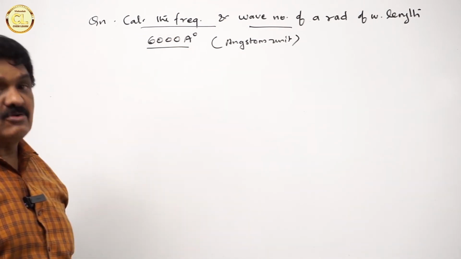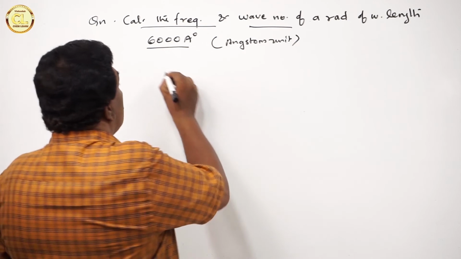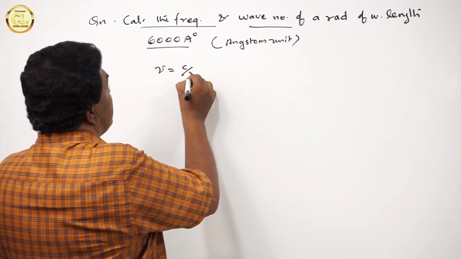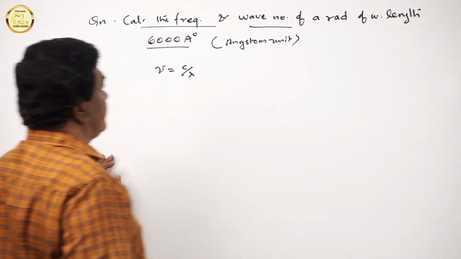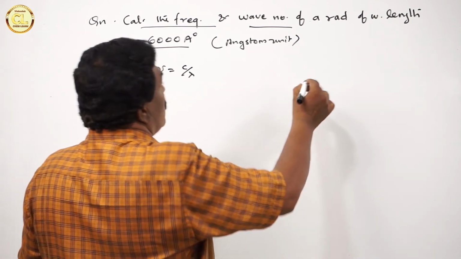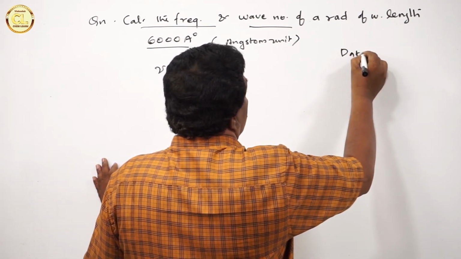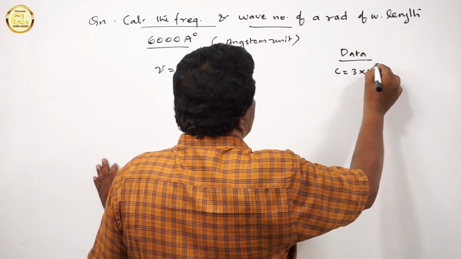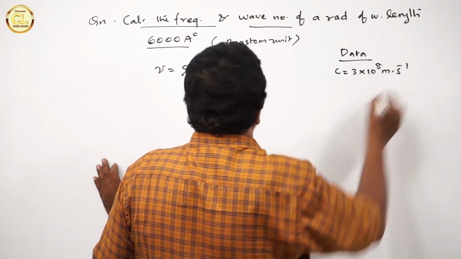First of all, we can calculate the frequency. We know that nu is equal to c by lambda. Now, data. Velocity of light c is equal to 3 into 10 raised to 8 meter per second.